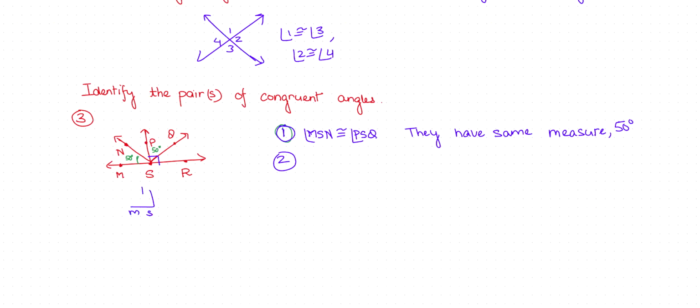They both are congruent because they form a linear pair, means they are supplementary by linear pair postulate. And if one is 90 degrees, the other should be 90 degrees, and all right angles are congruent by right angle congruence theorem. So that's why these both angles are congruent.